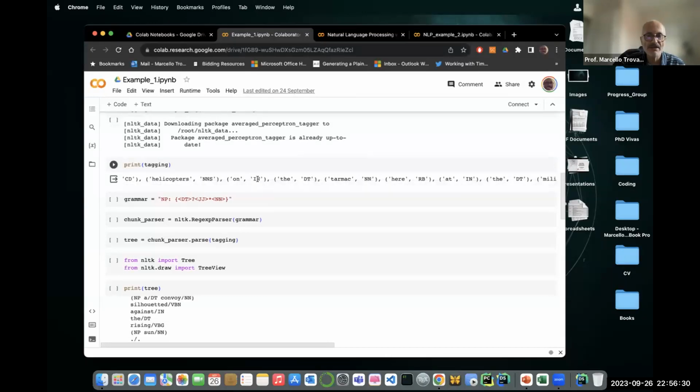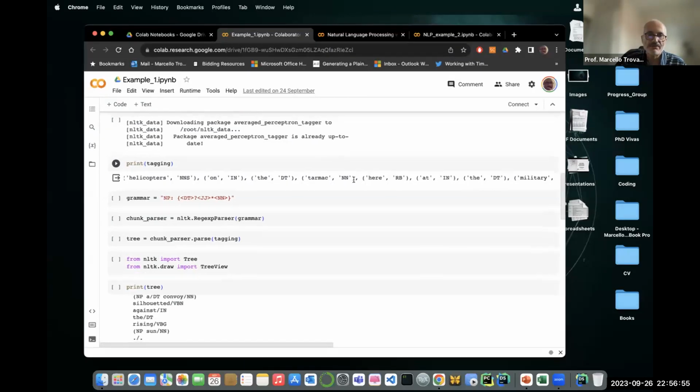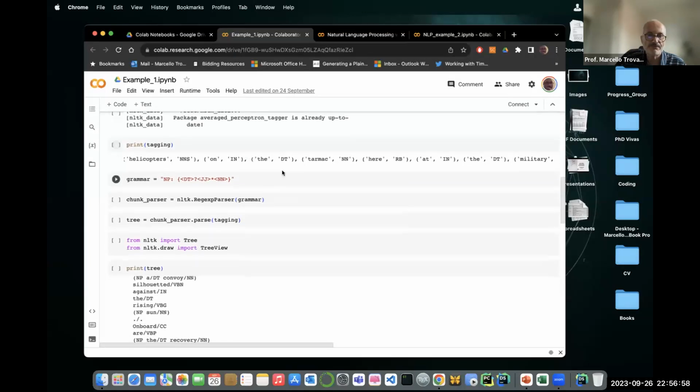If you remember, that is what we saw in the slides. Depending on what the symbols are, we know how the system interpreted or guessed the corresponding syntactic role. So for tarmac, we have noun, and so on and so forth.